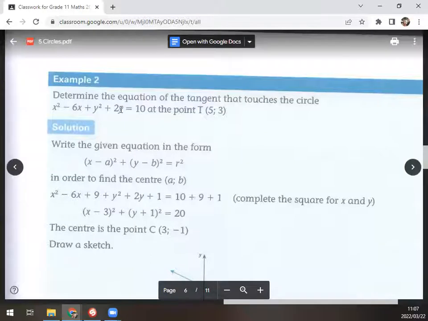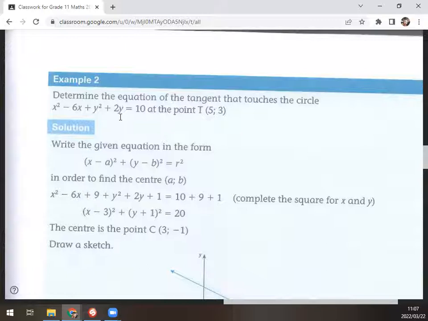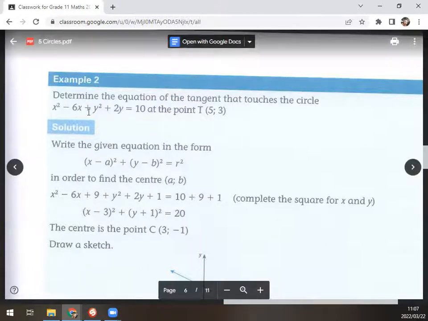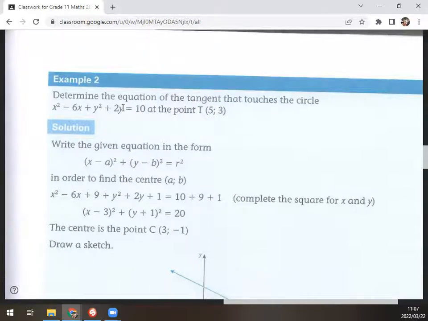So what would I have to do here to get the coordinates of the center? What do we call that process again? Completing the square. You would have to do that whole thing that you guys practiced over the weekend. You'd have to complete the square to get your x squared bracket, your y squared bracket. That will give you the center. But after that, everything's exactly the same. All right? Gradient of radius, gradient of tangent, sub in point of contact, and then get your equation.